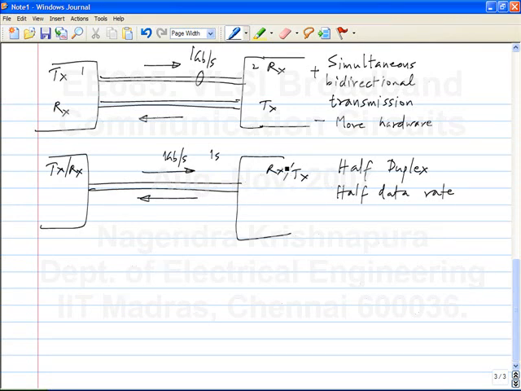So let's say from t equal to 0 to 1 second, you go this way, and t equal to 1 second to 2 seconds, you go in the other direction. Okay. So if you look at the data rate from 1 to 2, it is half a gigabit per second. Right? And 2 to 1, it's also half a gigabit per second. Whereas in this case, both ways it is 1 gigabit per second.